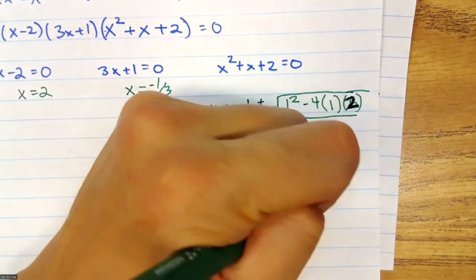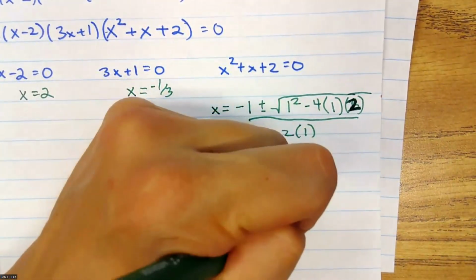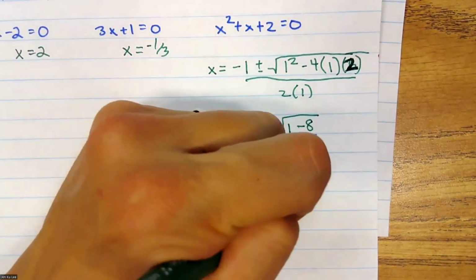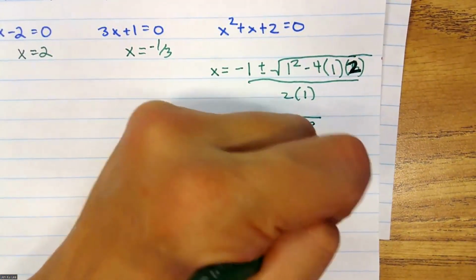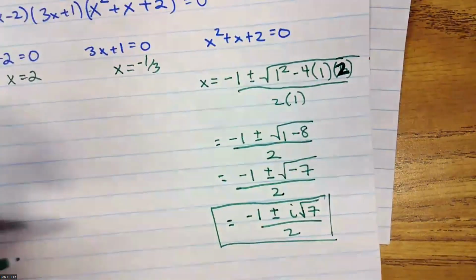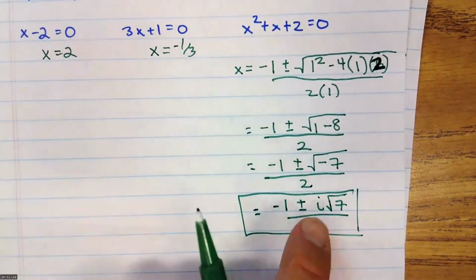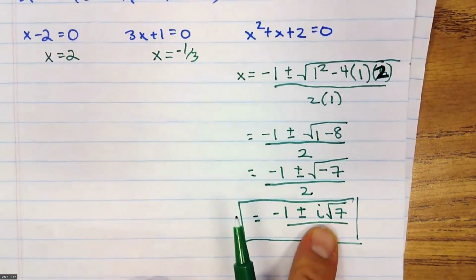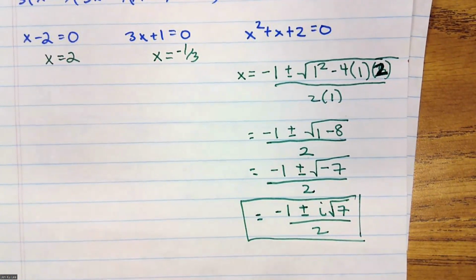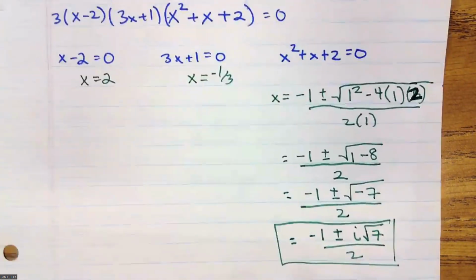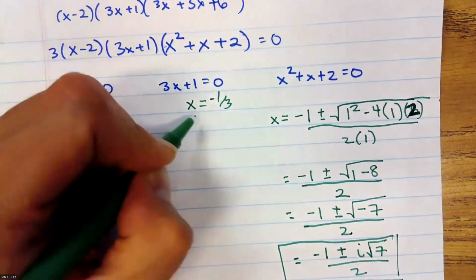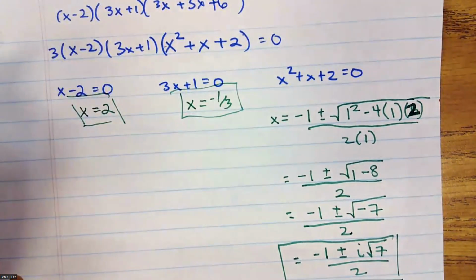Square root of negative 7 over 2. So this would be negative 1 plus or minus i square root of 7 over 2, right? Okay, that's my zero there. But since that is imaginary, we do not need to do anything when we're graphing. We're just going to be graphing these two zeros, this one and this one.